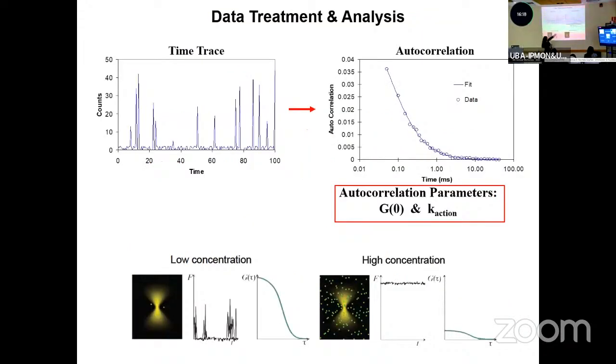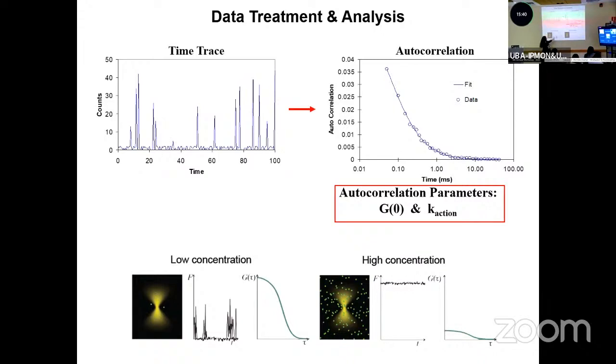What this means is that you notice the amplitude here is different than this amplitude, in the sense that on the y-axis, when tau is equal to 0, so G of tau at 0, the amplitude will be proportional to gamma divided by N. Gamma is the geometry of the volume of the point spread function, and it's a known value, so you don't have to calculate this. You can just use this value that's been calculated before, divided by N, which is the number of molecules.